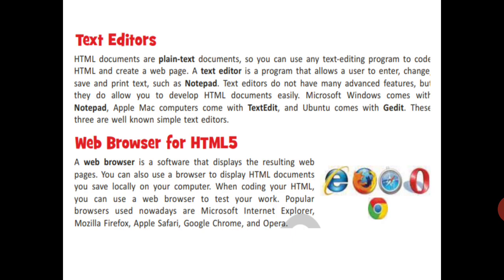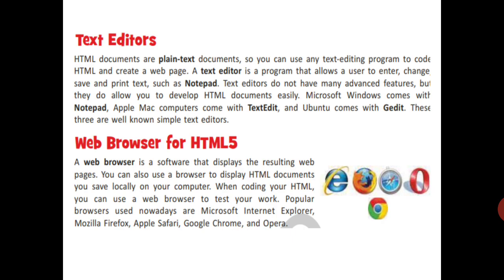Web browser for HTML5. As we see, if we want to open any website, we have to use some web browser. For example, Google Chrome. That is the most popular browser nowadays. So, a web browser is that software which is used for displaying web pages.